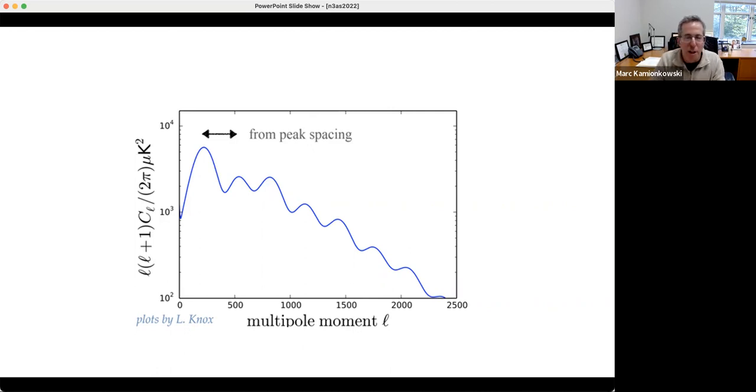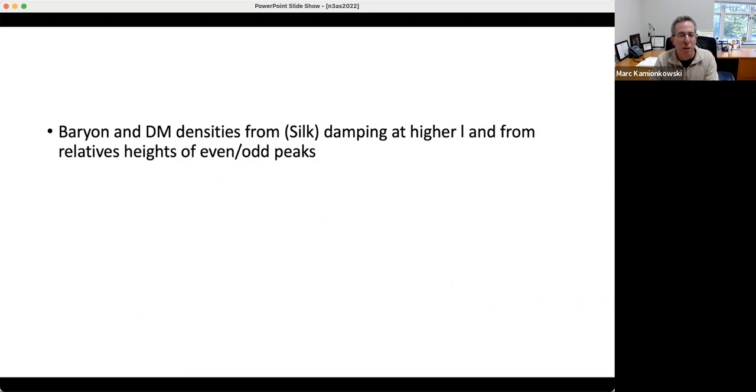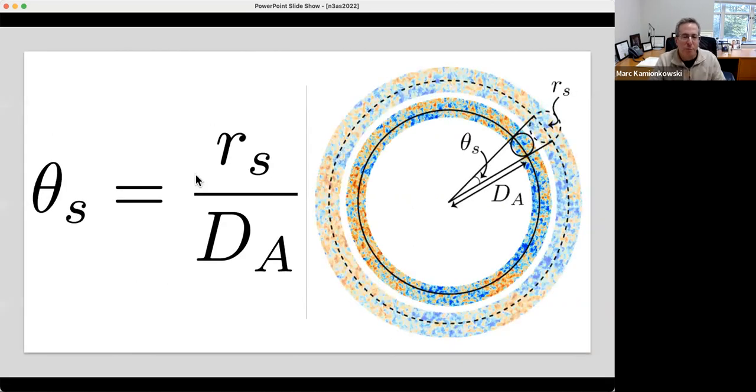So from these higher order features in the cosmic microwave background power spectrum, we can constrain omega baryon and omega matter, and then we infer the Hubble parameter by measuring theta sub s, because we know R sub s from the baryon density, and the angular diameter distance depends on the matter density and the Hubble parameter.